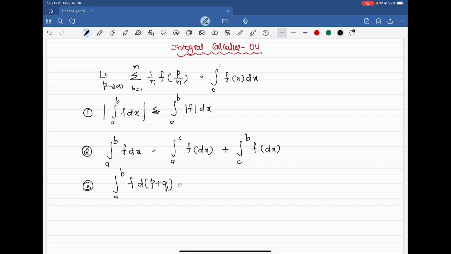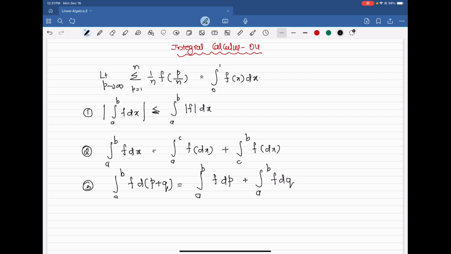That means it should be integrated with respect to each of the different variables. In this case, it can be written as integral a to b function dp plus integral a to b function dq.